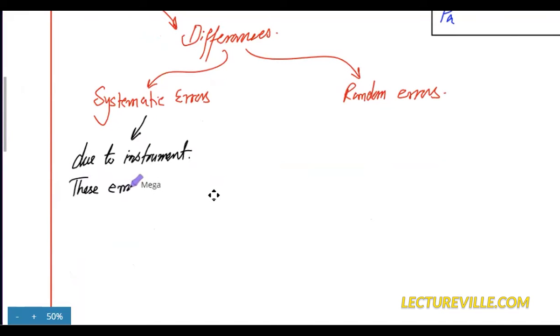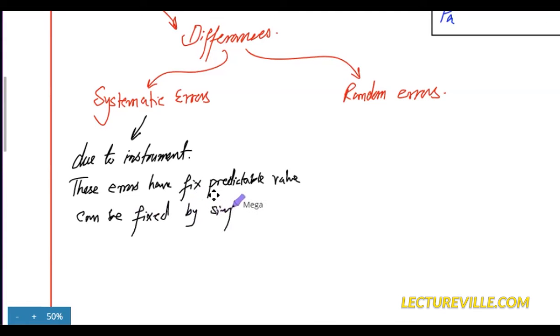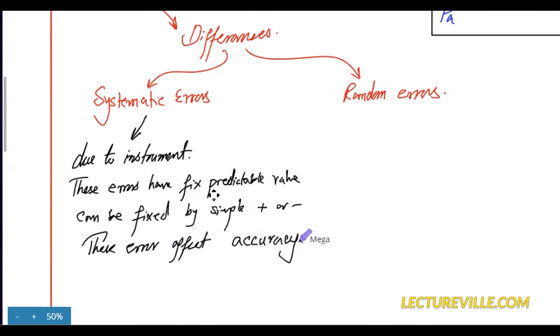These errors have a fixed, predictable value, and can be fixed by simple addition or subtraction. These errors affect accuracy.